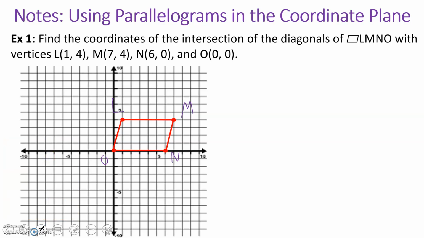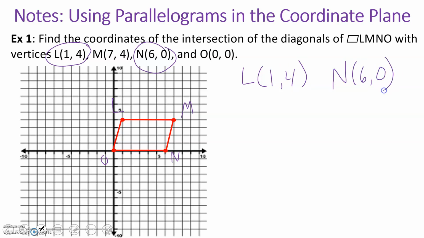So let's take a look. The diagonal from L to N is going to be bisected, meaning it's going to be cut in half, meaning we need to find the middle of the points 1, 4, and 6, 0. If we think back to the first or second week of geometry, we know that the midpoint is given by adding the x's and cutting in half, and adding the y values and cutting in half.